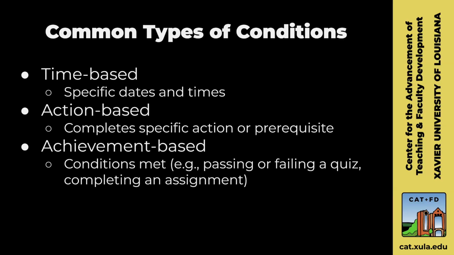And then the release conditions themselves are action-based as well as achievement-based. So you can release something based on an action that a student has or has not done, or an achievement if some conditions are met. So for example, passing or failing a quiz or completing an assignment.